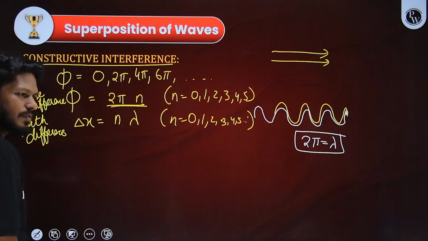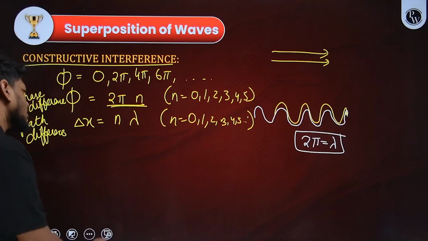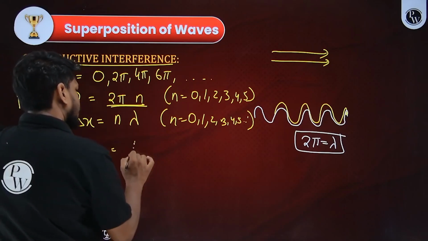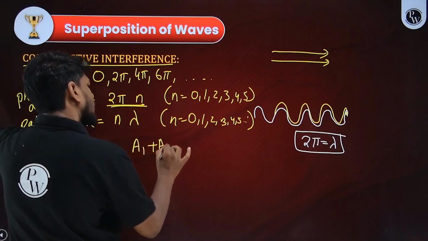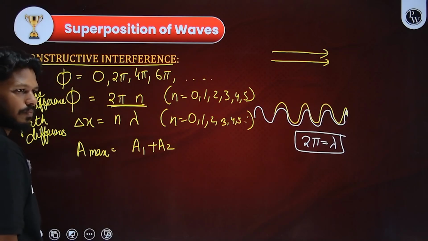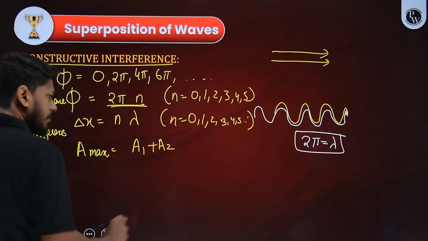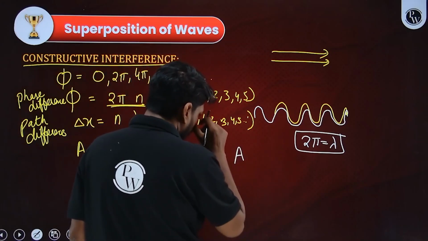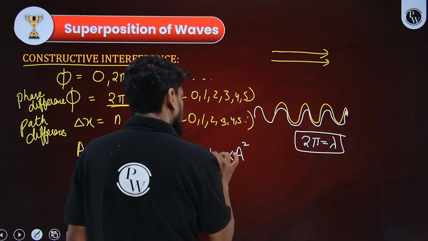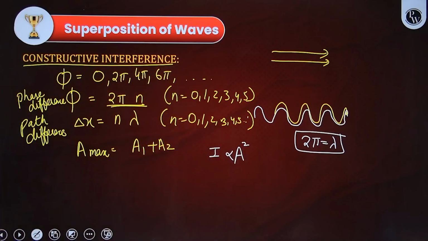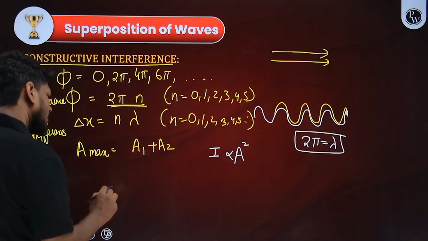Any difficulty? So if it is constructive interference, my A maxima will be equal to A1 plus A2. What will happen to the amplitude? I can write my amplitude. Just remember, this is amplitude. What will be my intensity? Remember that A square is proportional to I. So if I square this equation, for your simplicity, I am squaring it.